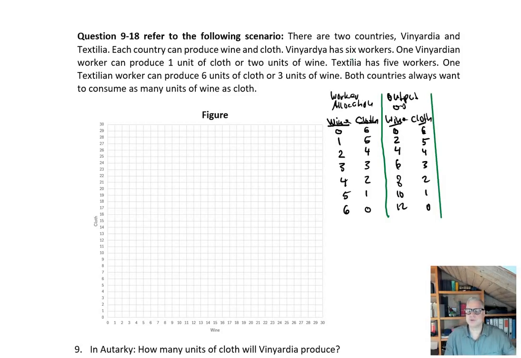So that goes from a maximum of cloth of 6 to a maximum of wine of 12. So let's draw that quickly. So that starts here at 6. And goes till 12.